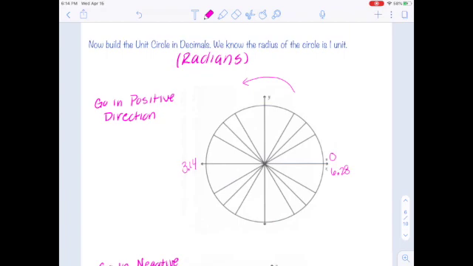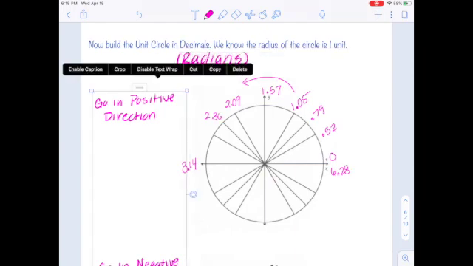So then halfway around your unit circle would be 3.14. Hey, we've seen that before. That's just pi, which makes sense, right? And half of that would be 1.57, and filling in pi over 6 would be 0.52, pi over 4 would just be 0.79, pi over 3 would be 1.05, and so on and so forth.